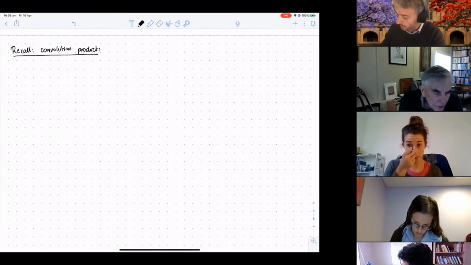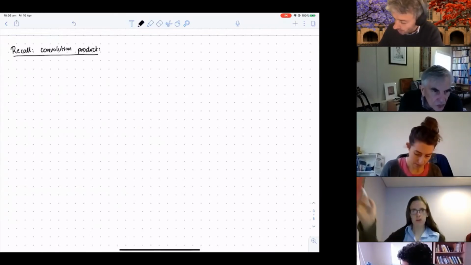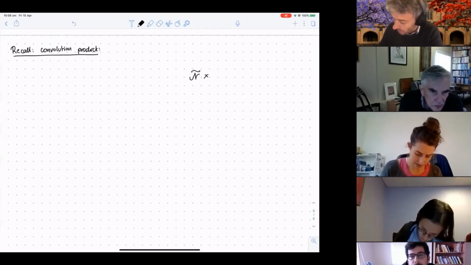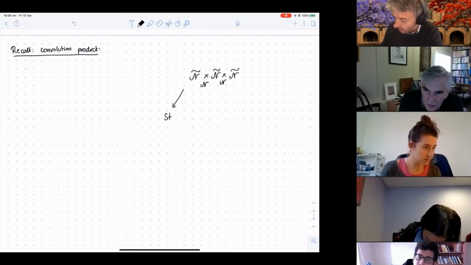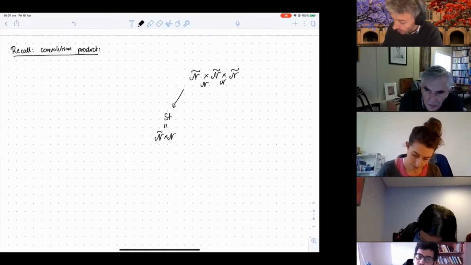So we can look at this triple product, and remember the Steinberg is n tilde fiber product over n with n tilde.